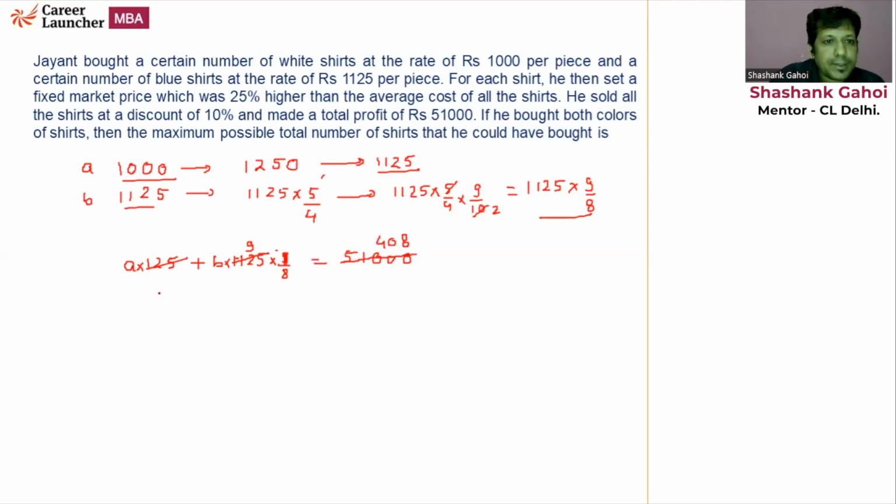Okay, so here I am going to get 8A plus 9B, and that is equal to 408 into 8. So this value comes out to be 3264.